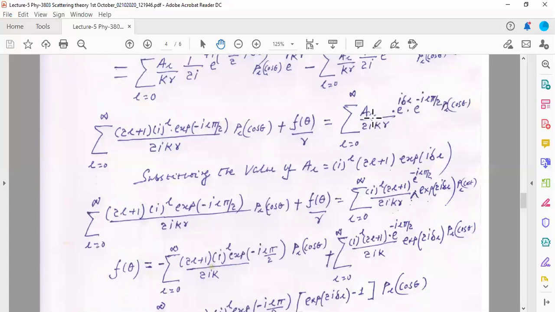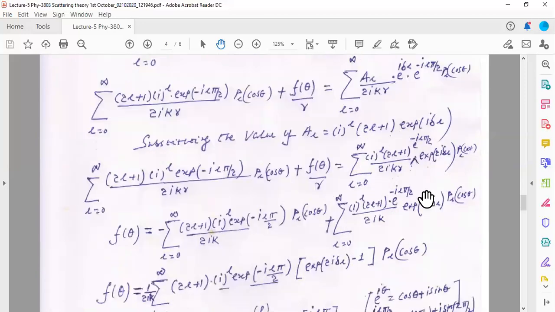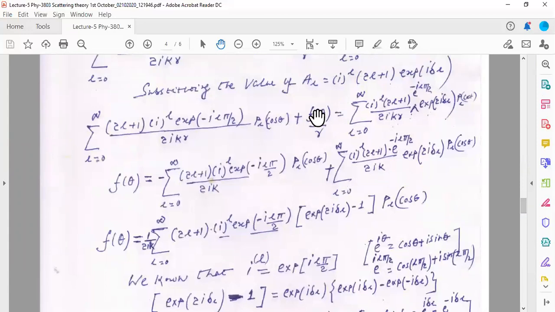I put the value of A_l, i to the power of l, (2l+1), e to the power of i delta_l, e to the power of i delta_l, and e to the i delta times e to the i delta gives you e to the power of 2i delta, which I wrote here, so you can understand this. Now, once you know this step, I can rewrite this expression because I want to find f of theta. 1 upon r is common in all terms, so we can get rid of it, and I can find f of theta.